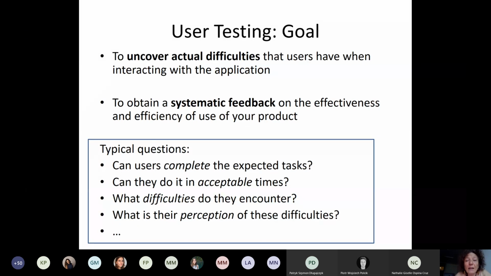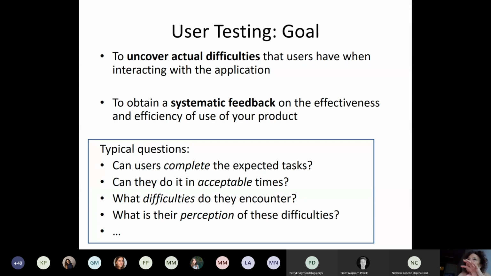What difficulty do they encounter? At which point of the application do they make mistakes, need to go back and forth in order to proceed, or really feel frozen? And how do they feel about these difficulties and the overall system?